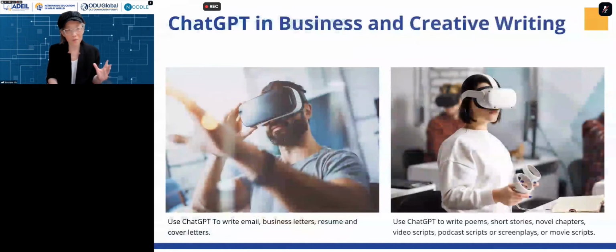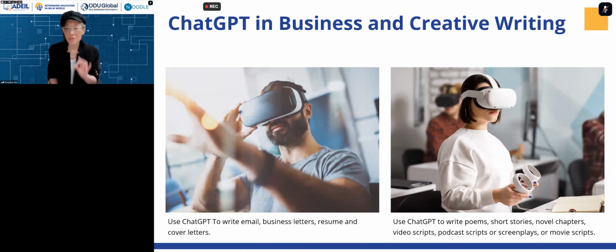So that's great for, and then I want to write about ChatGPT in business and creative writing. This is even more crucial for ESL students so that they can sound more American. So use ChatGPT to write emails, business letters, resumes, and cover letters.